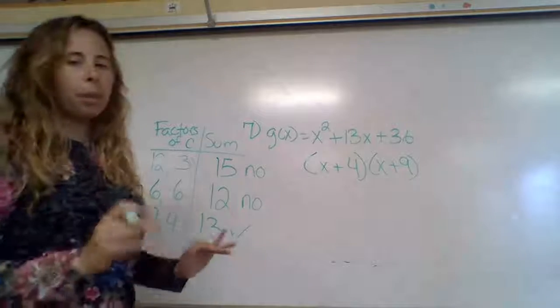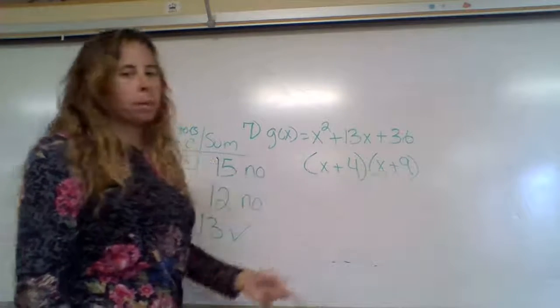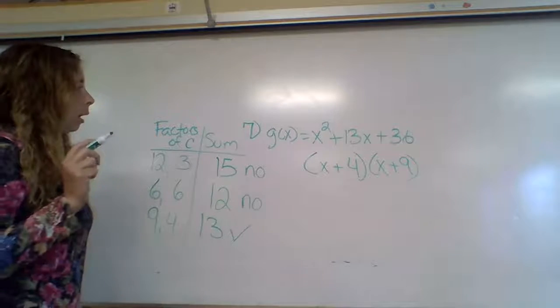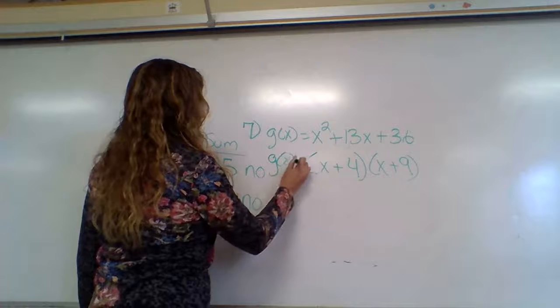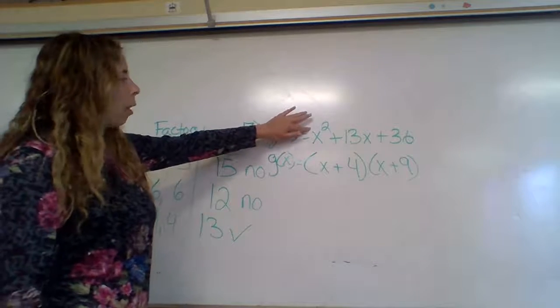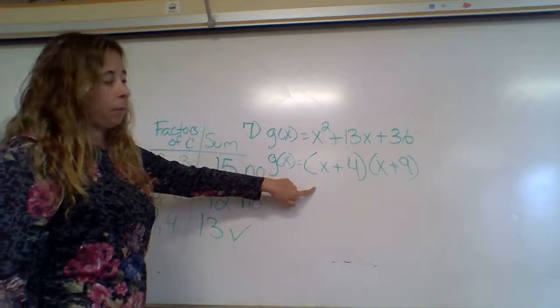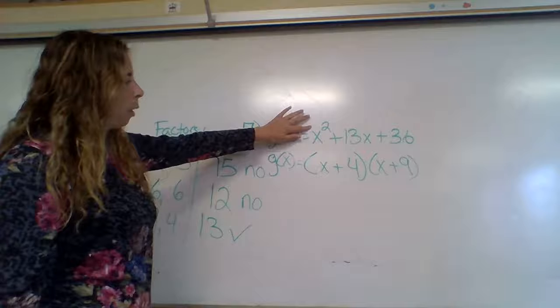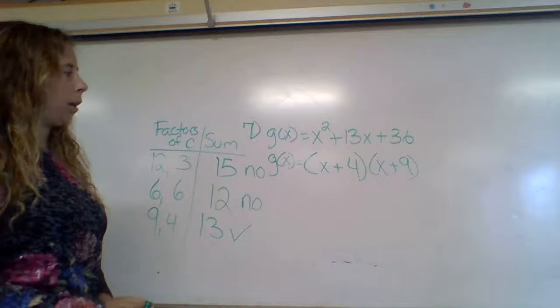You could write them in either order. If you want to write x plus 9 times x plus 4, it doesn't matter. You just went from the standard form of a quadratic to factored form.